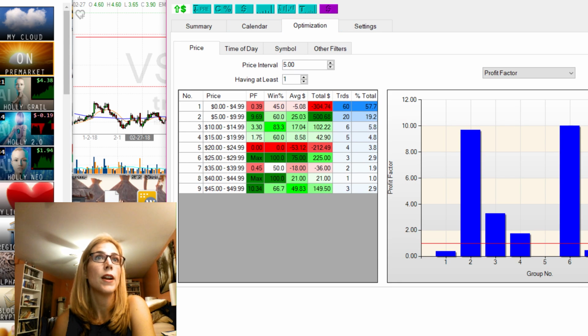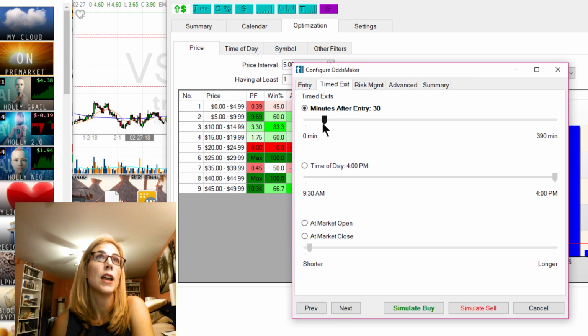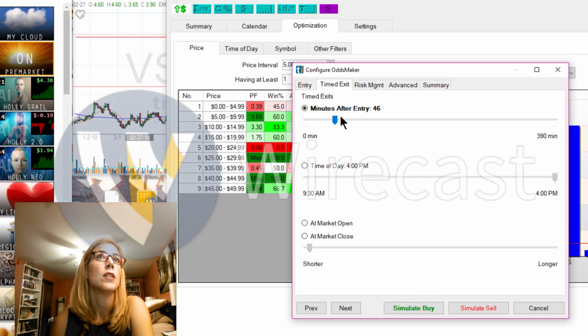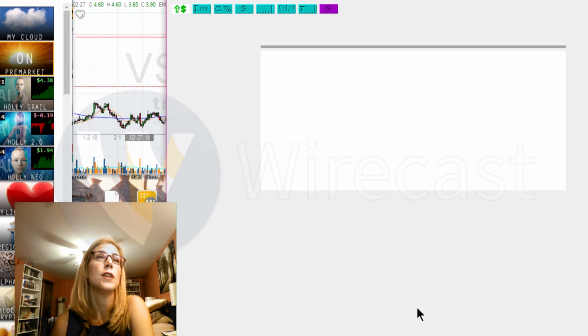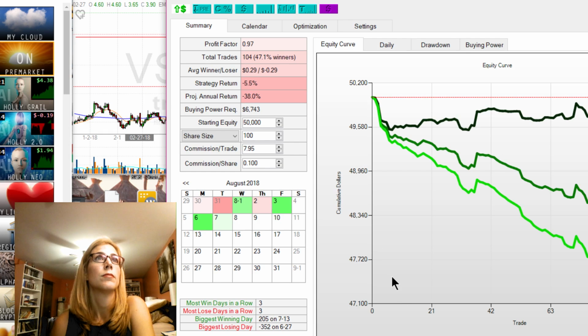You can run it again and change the time to exit. We want to get out 30 minutes after the entry, or we'll keep it 60 minutes after the entry and see if it breaks a new high. How would that work if we bought it, held it for an hour, and then sold? That does not look like it would improve it.